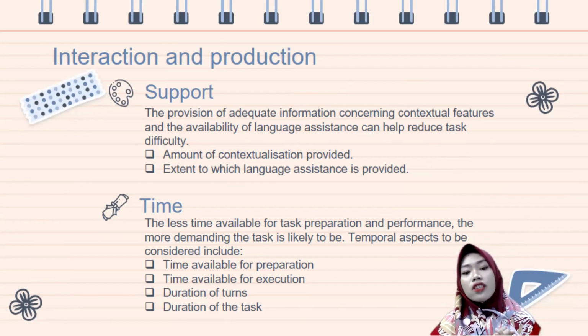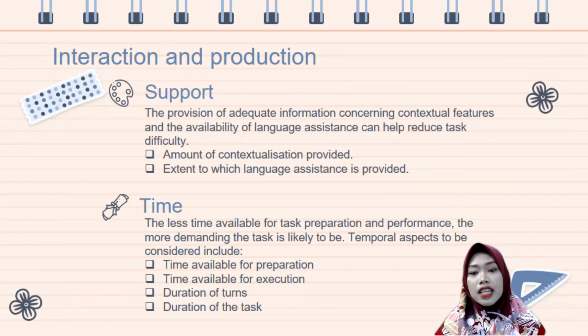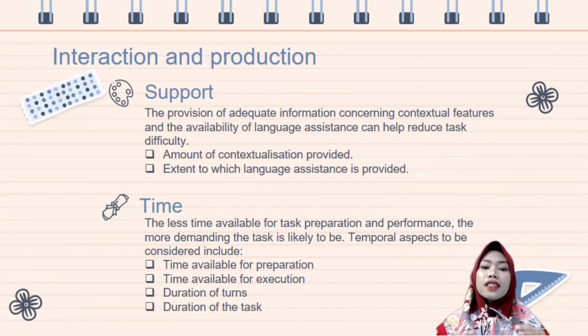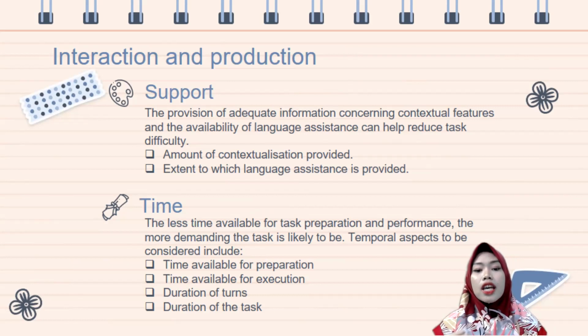The second is extent to which language assistance is provided. And time. The less time available for task preparation and performance, the more demanding the task is likely to be. Temporal aspects to be considered include time available for preparation, time available for execution, duration of turns, and duration of the task.